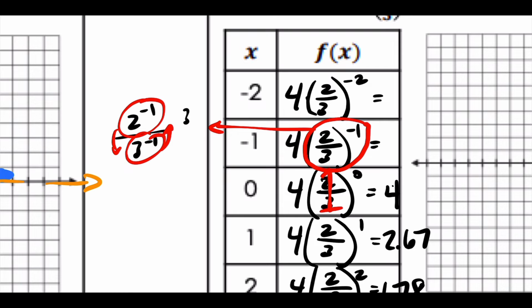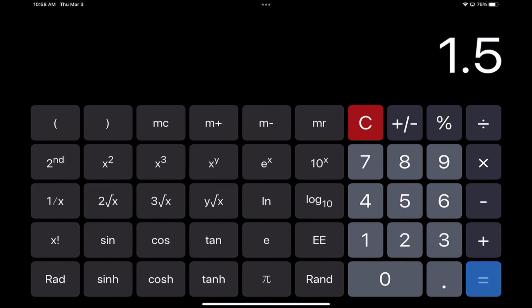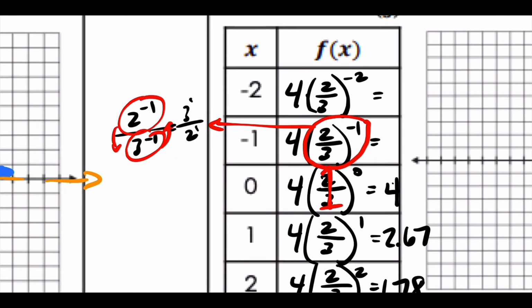So it's going to be 3 over 2. 3 to the first, which is 3, 2 to the first, which is 2. So really anything to the negative 1 just means flip. That's all it means, just flip. So 3 over 2, 3 divided by 2, 1.5 times 4. 6 whole. No decimals, just 6.